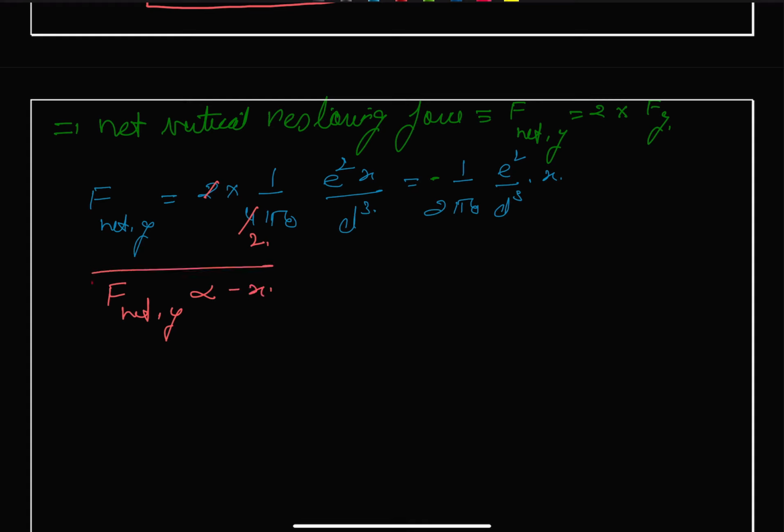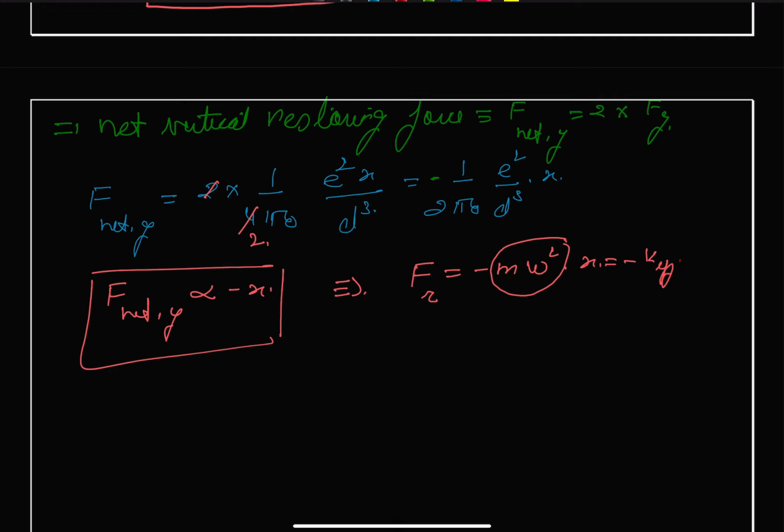So we can make a comparison of this with the standard equation, which gives us the restoring force F R in general equal to minus m omega square times x, which is sometimes also written as minus k effective times x, but we are supposed to find the angular frequency.